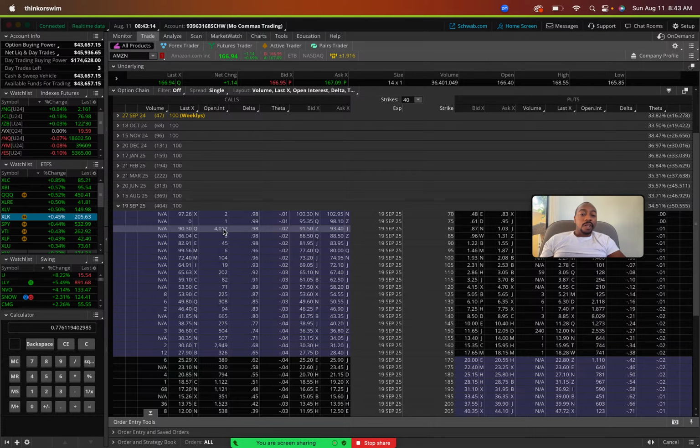That's generally what I'm looking at for any option I get in, whether it's short term or long term. But this makes me feel better that there's 4,000 people here willing to buy and sell this option, which means other people are looking at this as well. So that's the leap that I would buy.